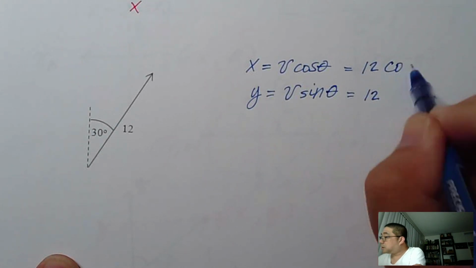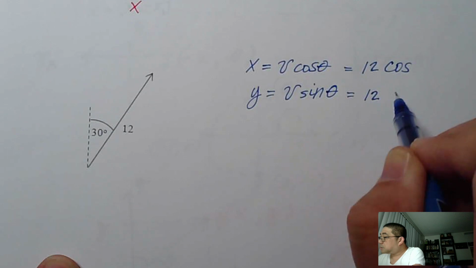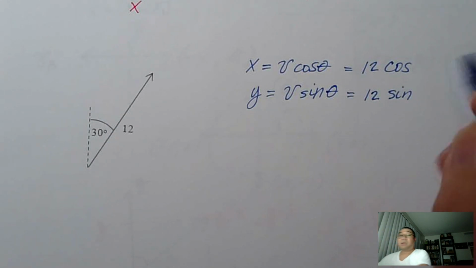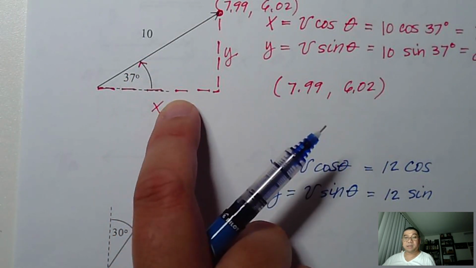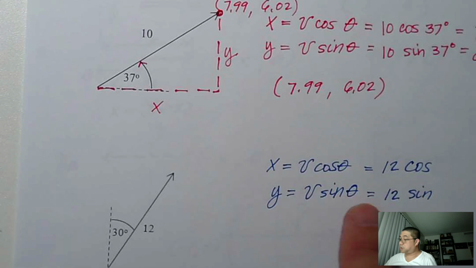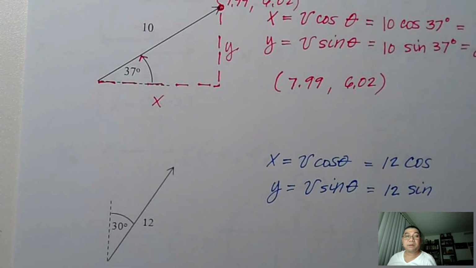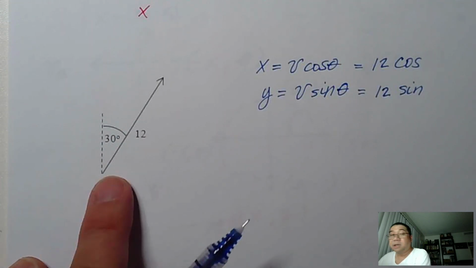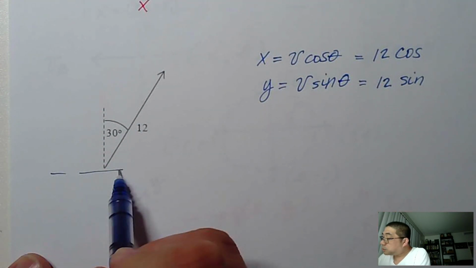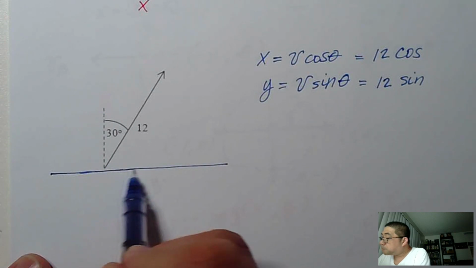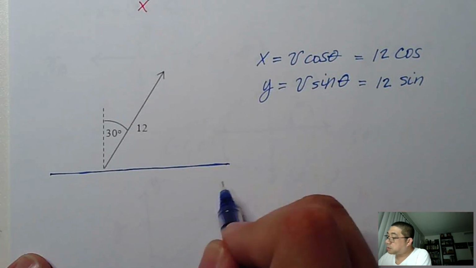This one is kind of different, cosine and sine. It is really different because here the angle is measured from the x-axis. The only time that you should use this is if the angle is measured along the x-axis. In our example, I'm going to draw this as an imaginary line.